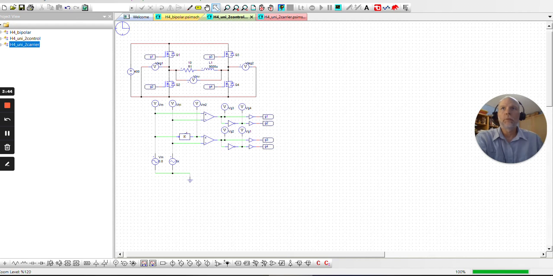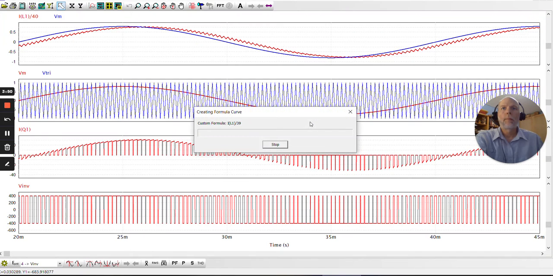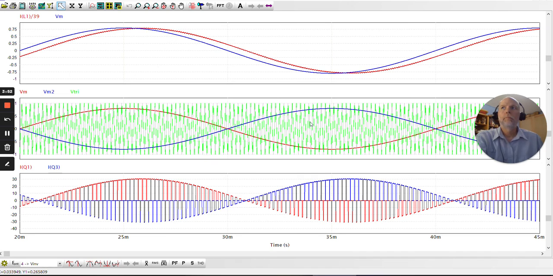Okay, so now let's take a look at unipolar TwoControl. So again, the same H-bridge, same RL load, but a little bit different way of controlling it. Again, we have the same control signal and scaled load current, and then we have 2 control signals being compared against a single triangle wave, and the resulting currents.